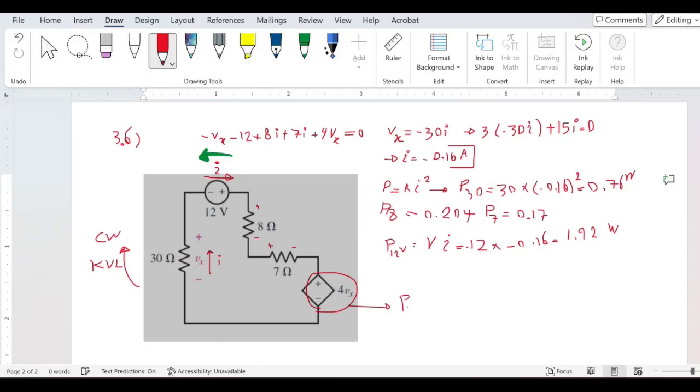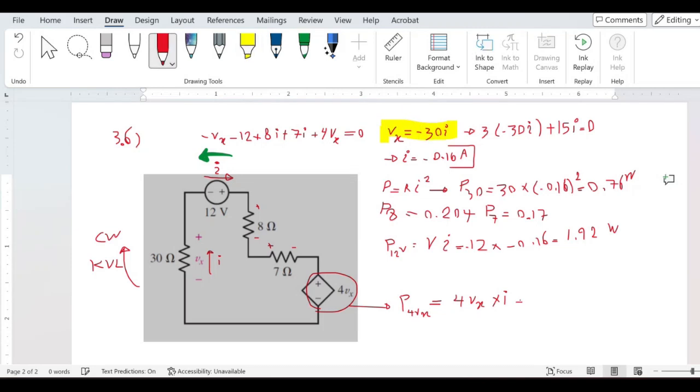And finally, the dependent voltage source, 4Vx. So here, again, the current enters the positive terminal. So the power would be 4Vx multiplied by I. But remember that we already calculated the value for Vx based on I. It's right here.